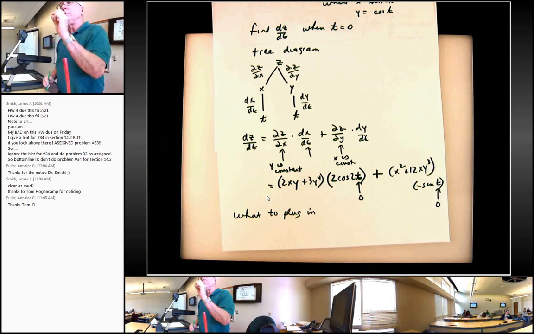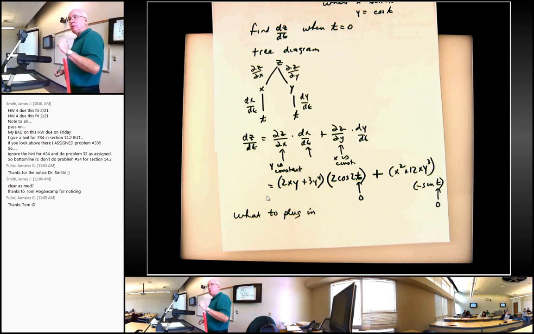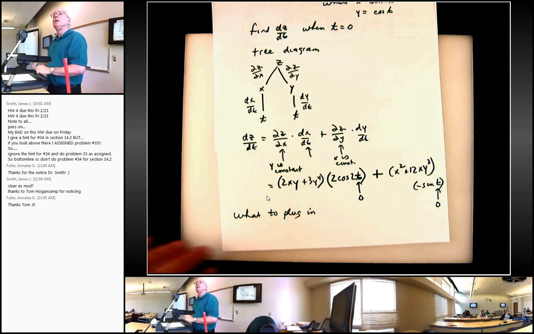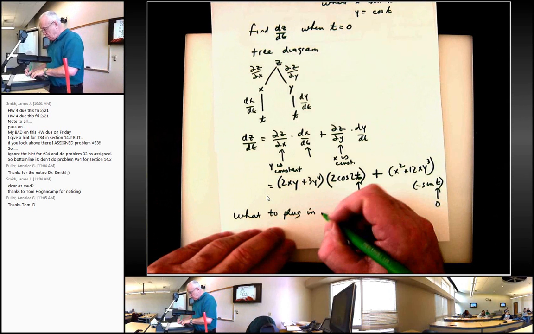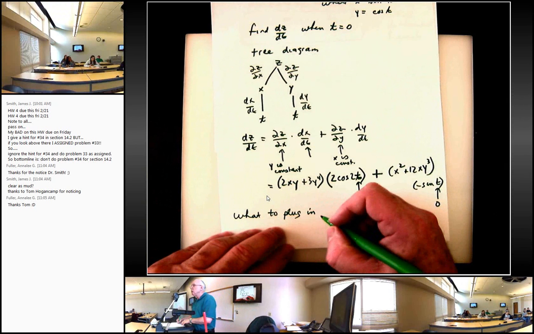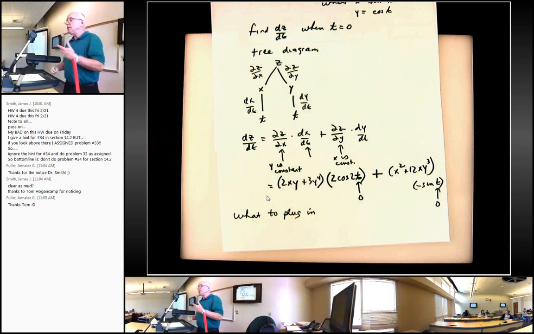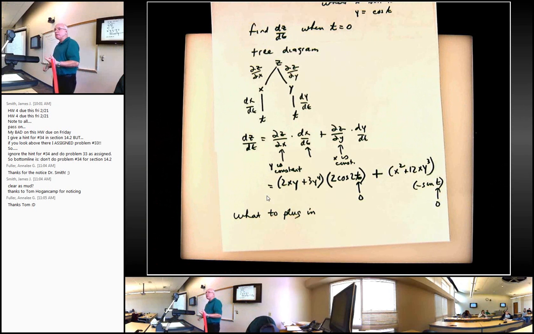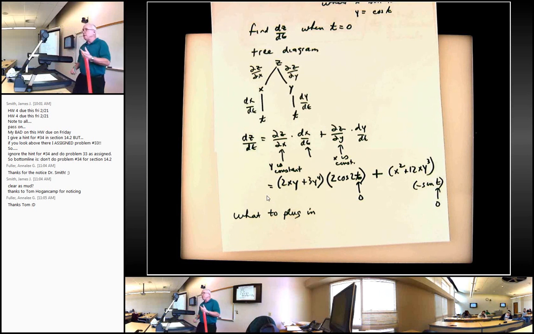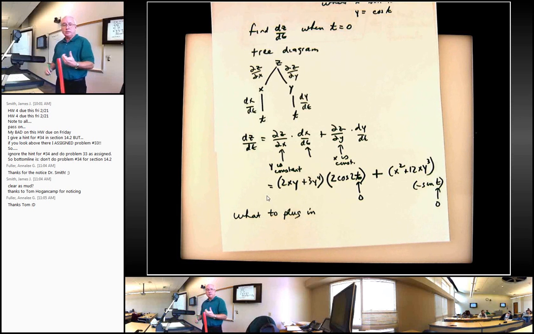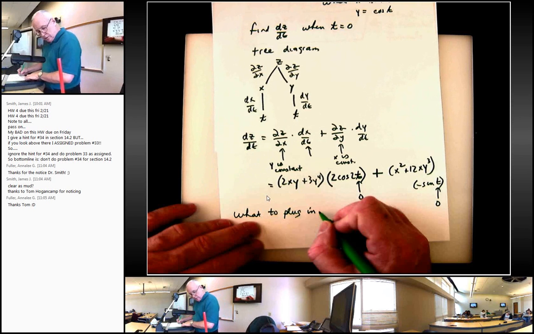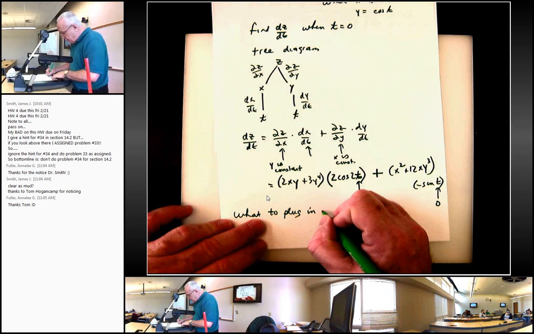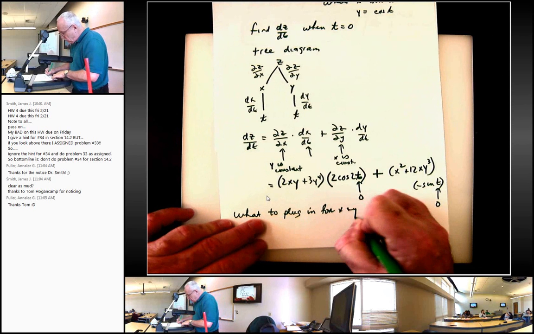Now we're interested when t is equal to 0, so I think you're on the right track. See, I want to get actual numbers for x and y, and I'm interested in when t is 0. So for those two functions, I just plug in my 0 for t, and I'll get numbers for x and y.